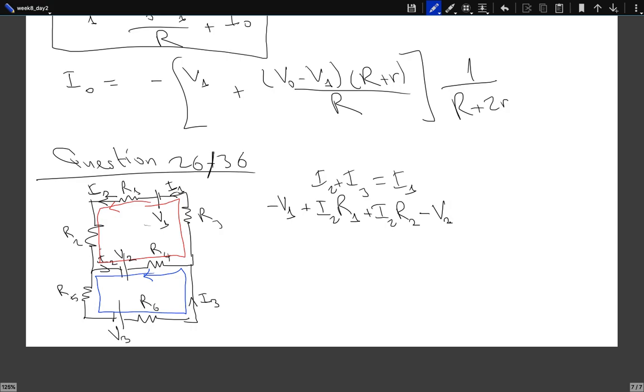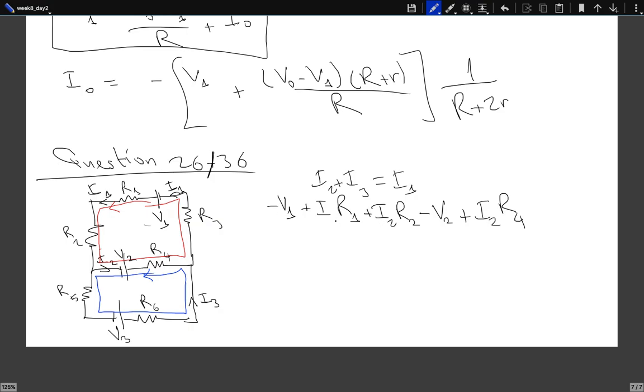I'm moving in the direction of the current, so it's positive. And from this point to this point, what is the potential drop? Sorry, this is I1, not I2.